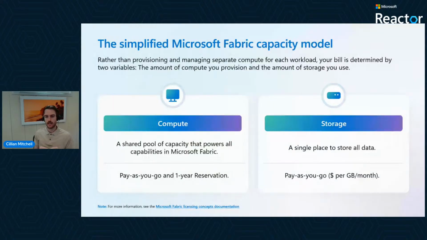And so it helps make sure that it's being used more effectively throughout the day. You can also purchase this capacity either as a pay-as-you-go monthly fee, or you could save about 44%, which is massive, if you go with the 1-year reservation. And for storage, it's a pretty simple pay-as-you-go model based on how much data you have on a gigabyte per month basis.